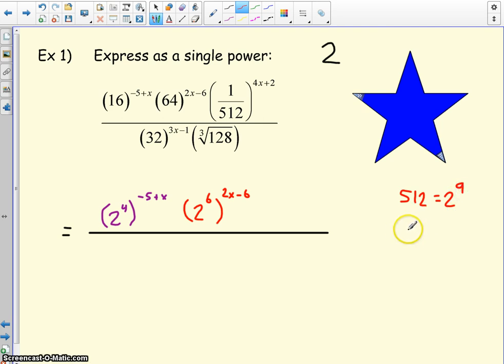So 1 over 512 would be equal to 2 to the exponent negative 9. Remember, if we want to change the exponent from being positive to negative, we take the reciprocal of the base. So if our base here is 1 over 512, we could change it to a base of just 512, but have a negative exponent. So I'm going to rewrite that as 2 to the exponent negative 9.